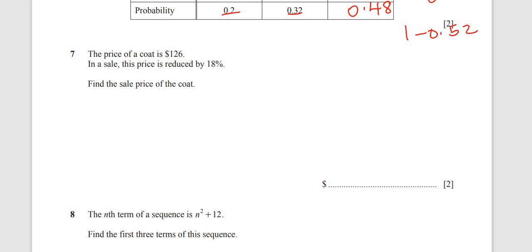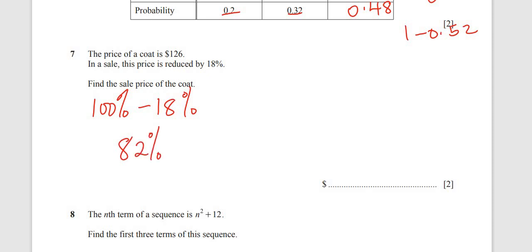So question number 7 says that the price of a coat is $126. In a sale, this price is reduced by 18%. So find the sale price of the coat. So we can assume that initially it was 100%. If it's reduced by 18%, it means 18% is taken away from 100%, which means that what is left is 82% of the original price.